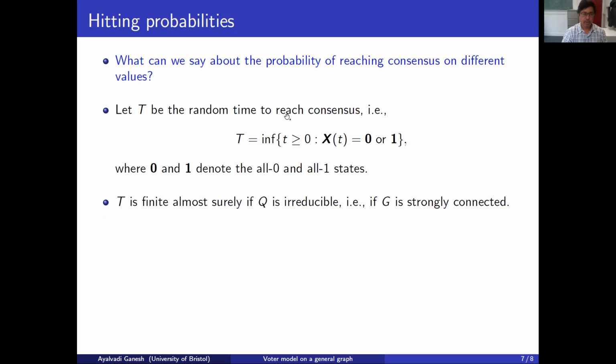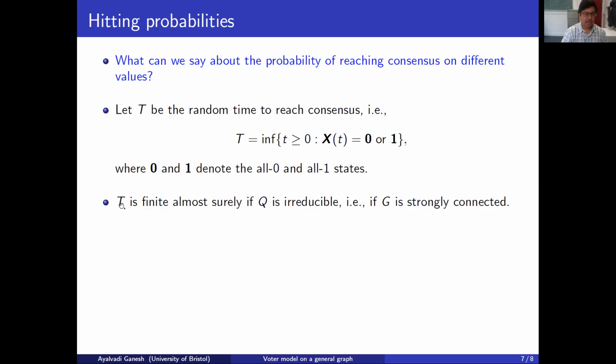To do that, we are going to use the optional stopping theorem again, and we are defining the random time T to be the first time that the voter model is either in the all zero state or the all one state. Okay, and this is a stopping time. That's easy to see. You can tell by looking at the process up to time little t whether it's already hit one of these states or not.